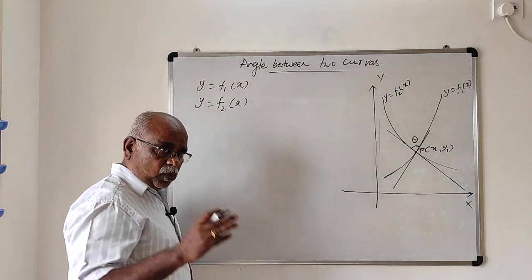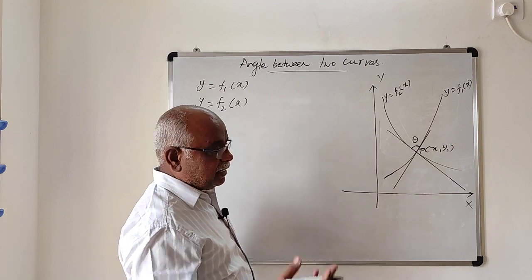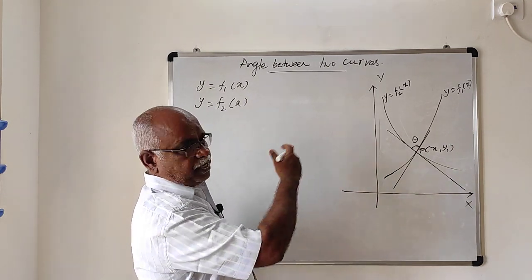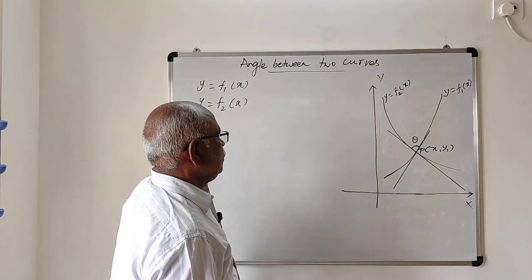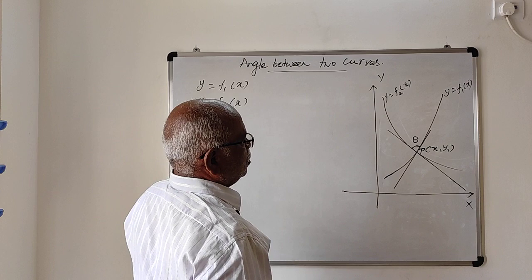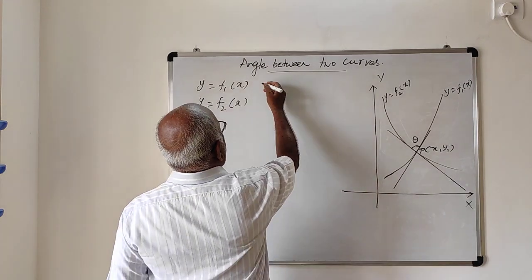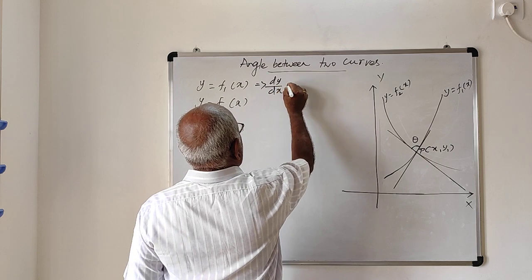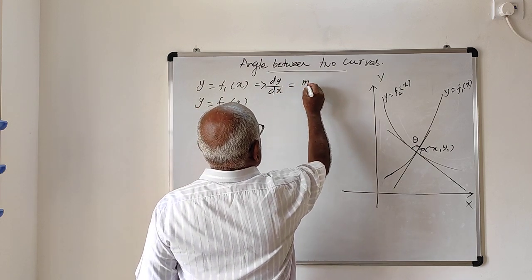The angle between the two curves is the angle between the tangents of the two curves drawn at the point of intersection. Suppose y equal to f1 of x is one curve. The slope of the first curve, dy by dx, is m1.